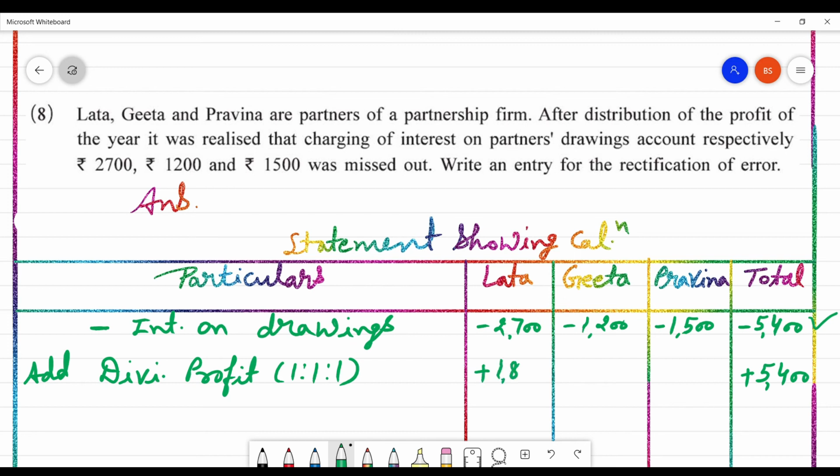Lata's profit 1,800, Geeta's profit 1,800 and Praveena's profit 1,800.